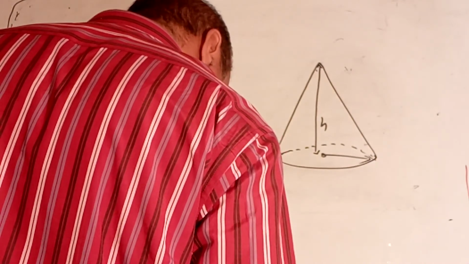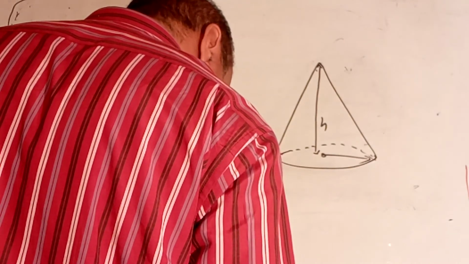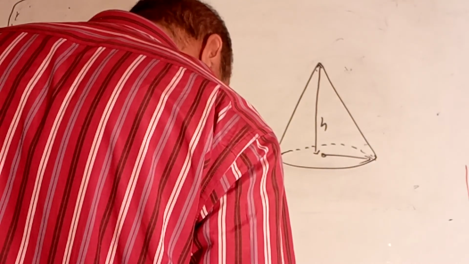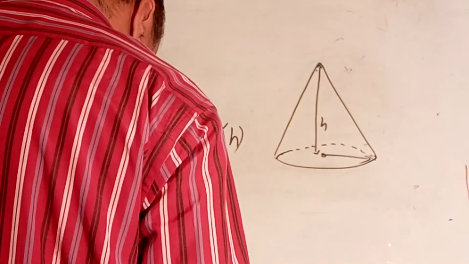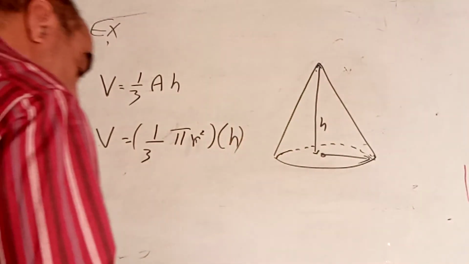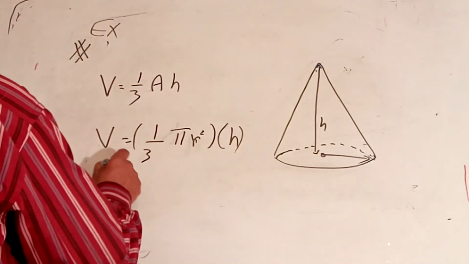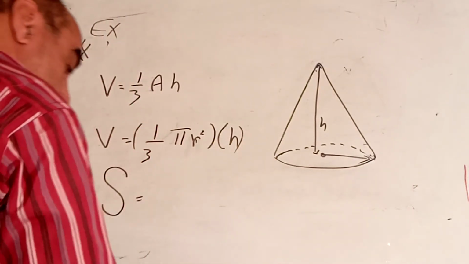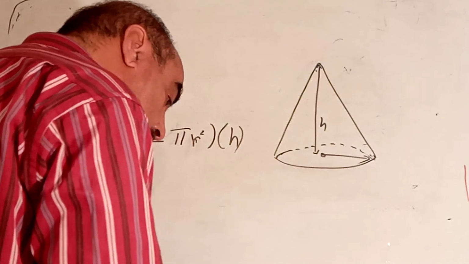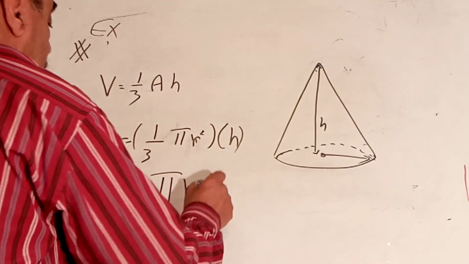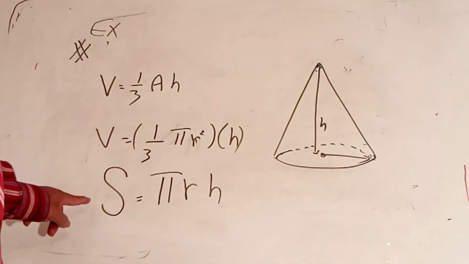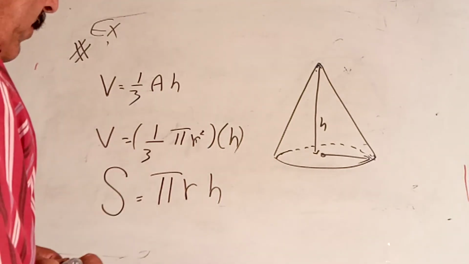And the surface area of a cone, here he gives the surface area of the cone is equal to pi r L, or pi r h. This is the surface of the cone and this is the volume of the cone.